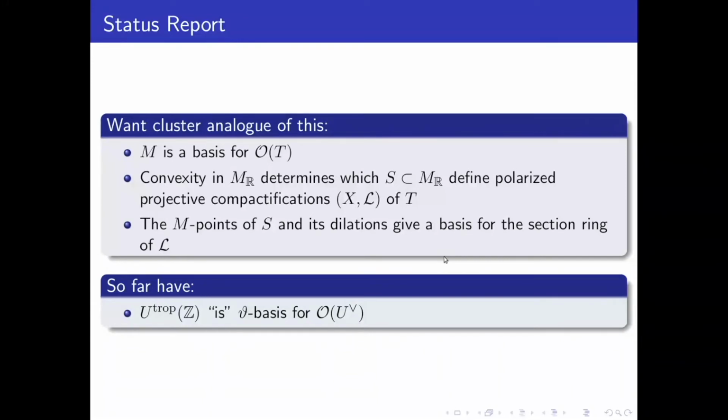And ideally, the integral tropical points of these subsets and dilations of these subsets should give us, again, a theta basis for the section ring of our line bundle.